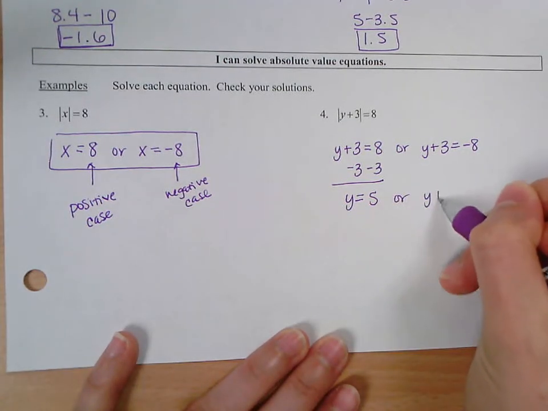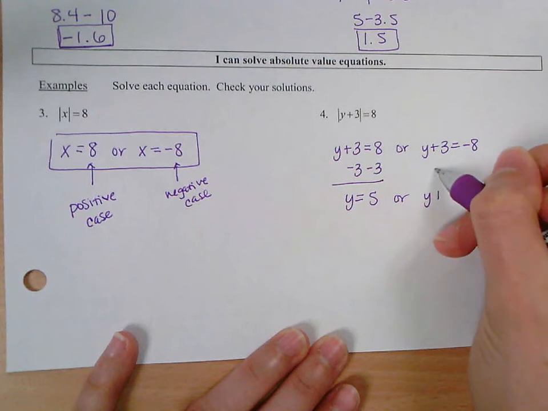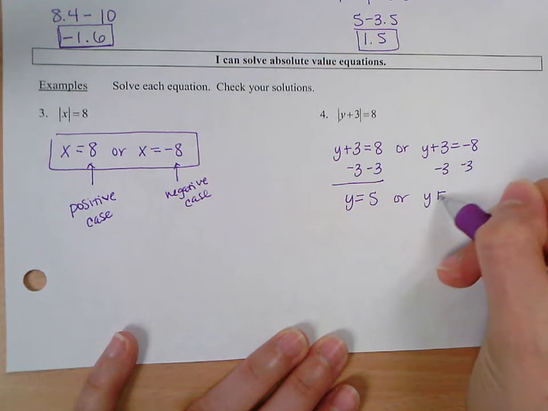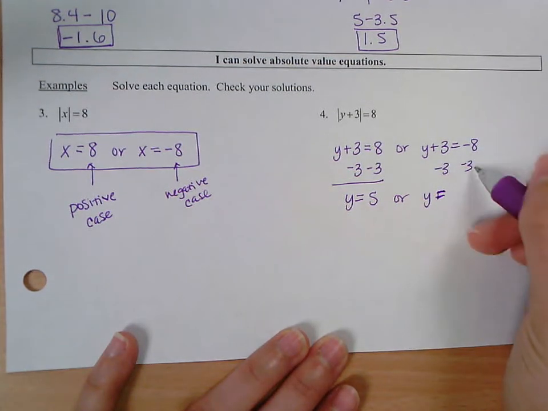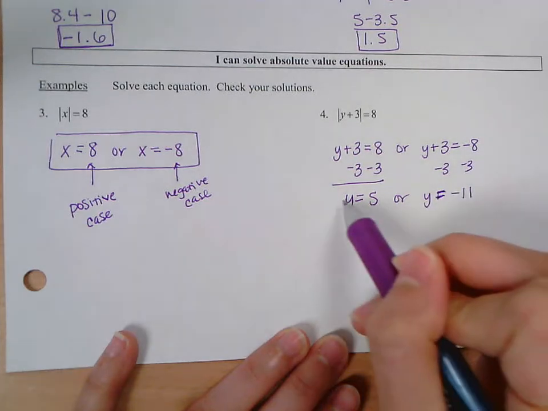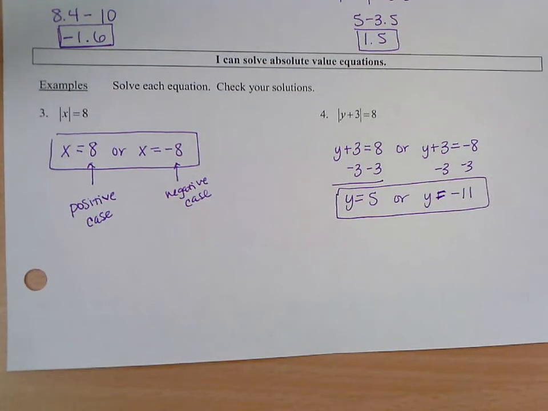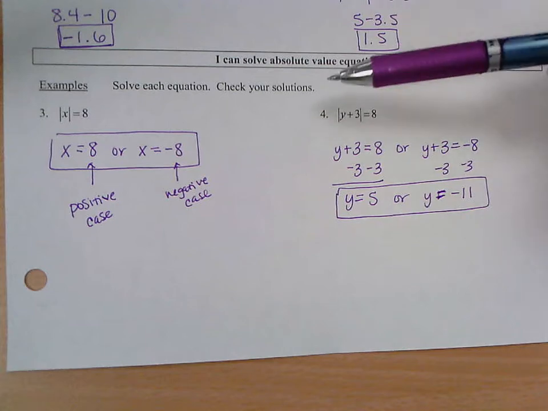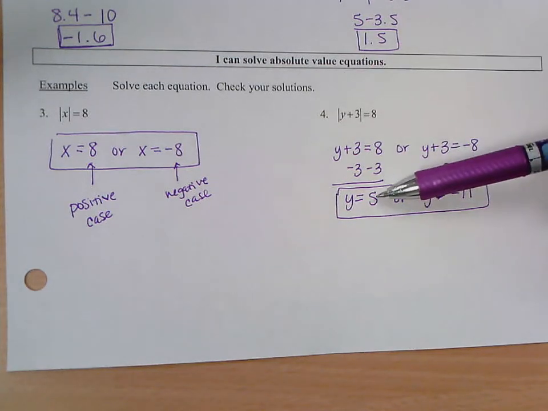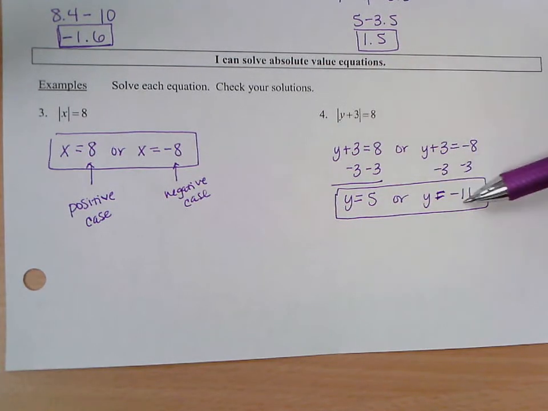In the second equation, negative 8 minus 3 is negative 11. So I have positive 5 or negative 11 are my two values for y. Directions again say to check. You should be substituting these back in just to make sure they do both work.